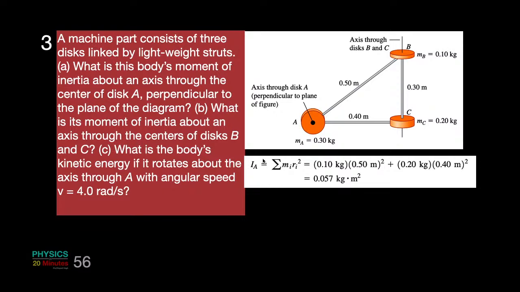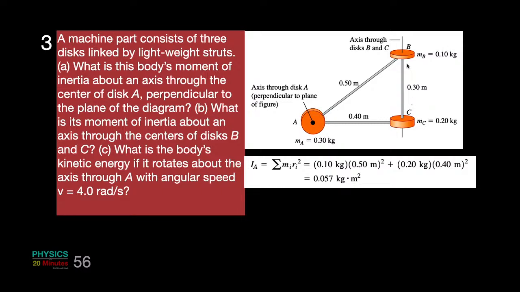So for the moment of inertia about the point A, since this disc is lying straight on the axis of rotation, its moment of inertia will be 0. It will have negligible moment of inertia compared to these two, so I can ignore it.